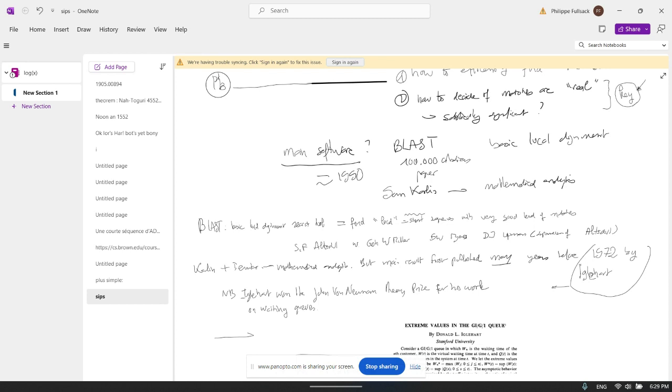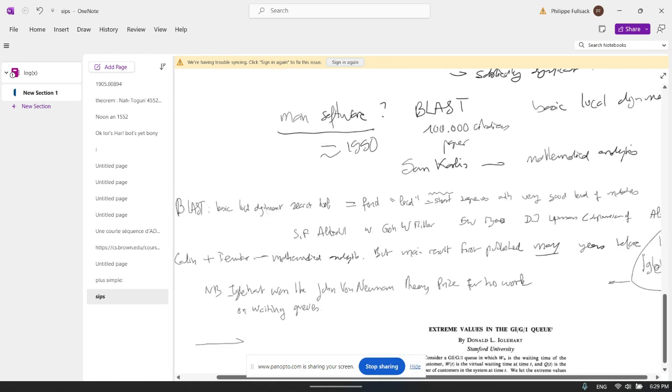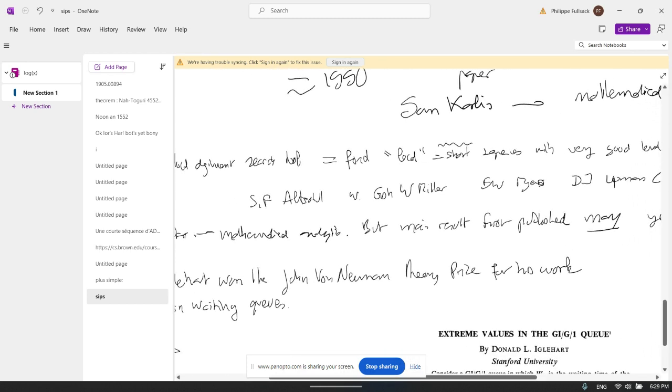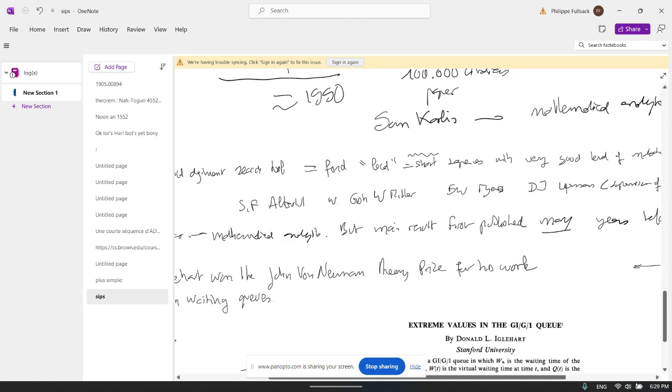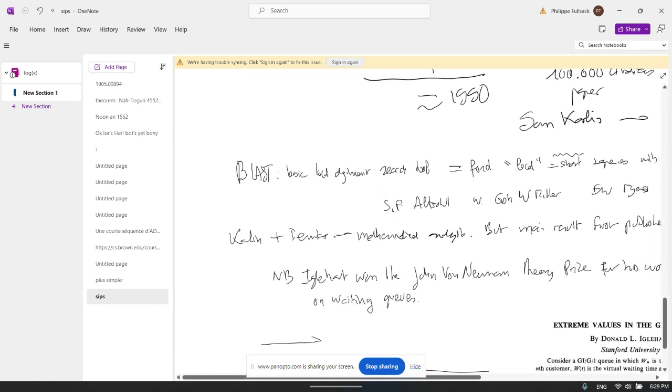The mathematical and statistical analysis was mostly achieved by Sam Karlin, a renowned statistical geneticist. The BLAST paper was written by S.F. Altschul, Gish, Miller, Myers, and Lipman. Lipman was the supervisor of Altschul.